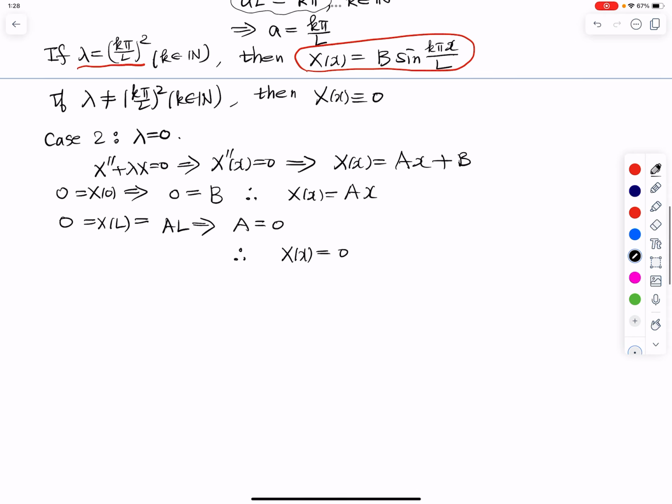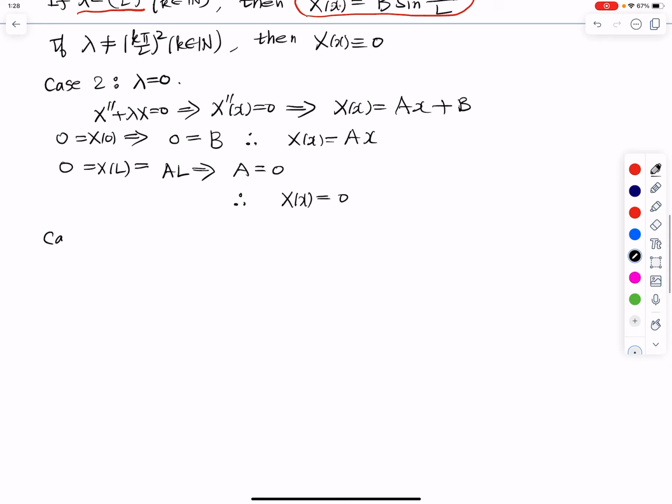And then case 3, if lambda is negative, then you can write lambda equals minus a squared, where a is positive.